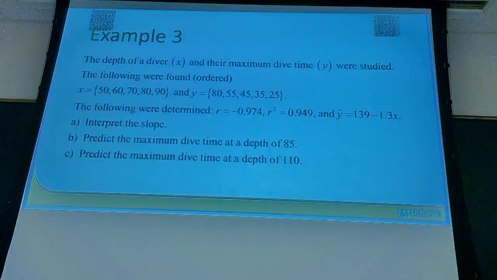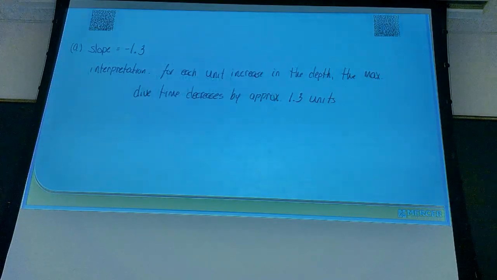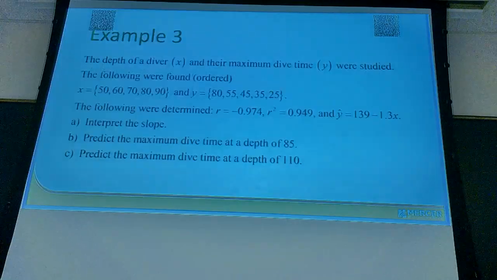Predict maximum dive at a depth of 85. Would using this model to predict our maximum dive time at a depth of 85 units make sense?